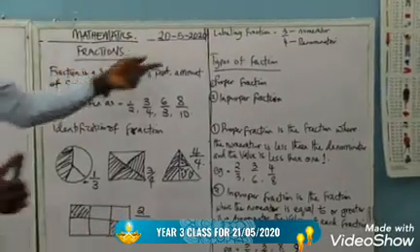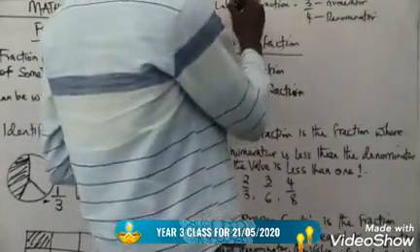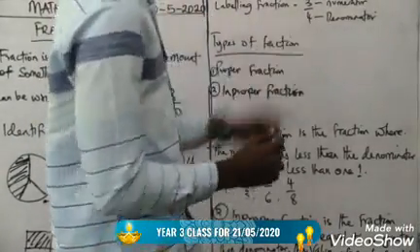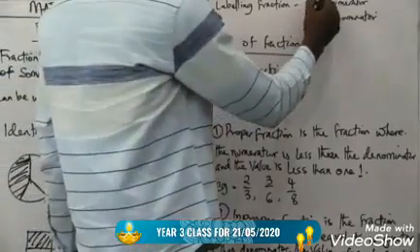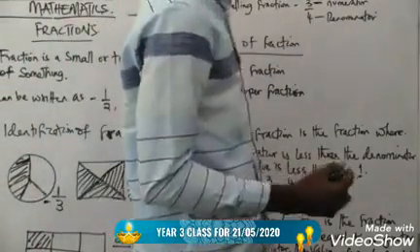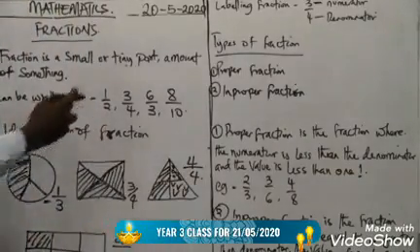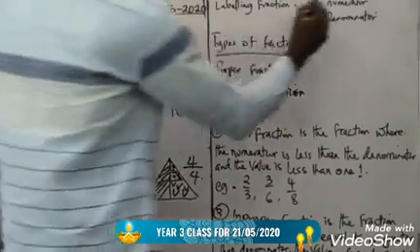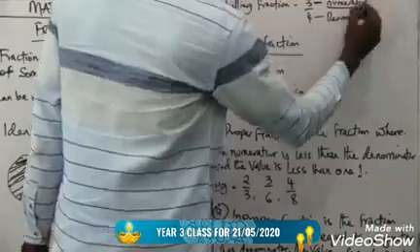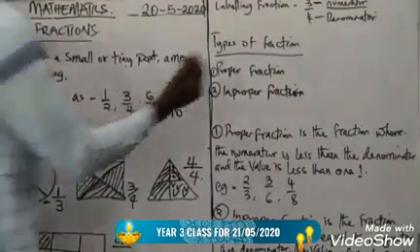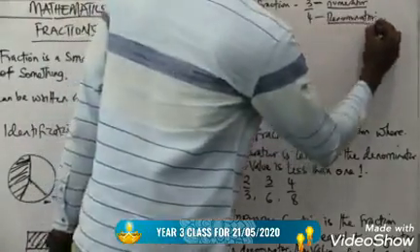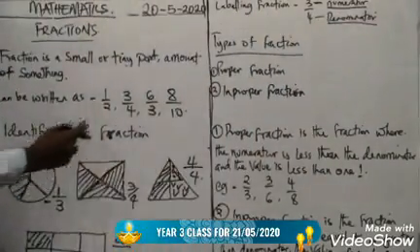So labelling your fraction here, this is 3 over 4. From this 3 over 4, the number on top in every fraction is known as the numerator. Then the number below is known as the denominator. The number below is known as what?